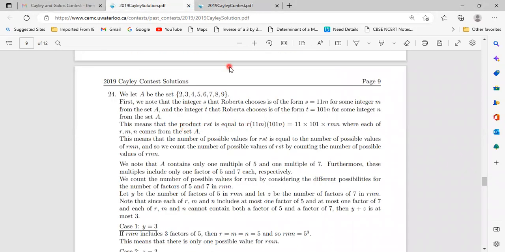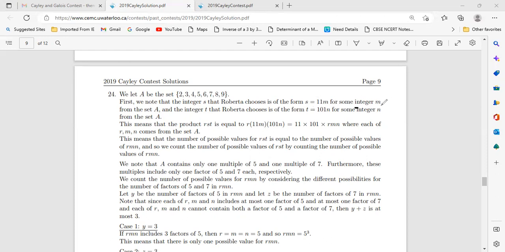So this means the question is about the product of r, s, and t, which means r times m times n, right? So you're just going to multiply all three. From S, it is going to be 11m.